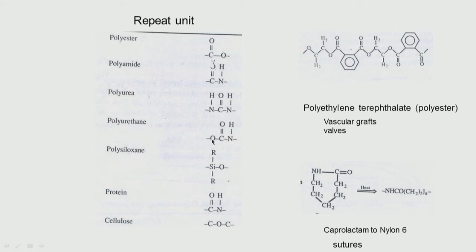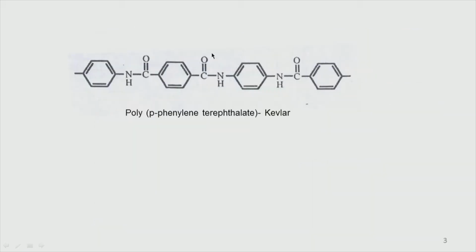Polyurethanes are very strong polymers, not degradable. We have C double bond O on this side, and then we have nitrogen here. Polysiloxanes, look at this: silicon is here, oxygen is here, and you can have different groups. Cellulose, C-O-C and so on. So, these are the repeat units you will find in some of these polymers, and it keeps on repeating many times.